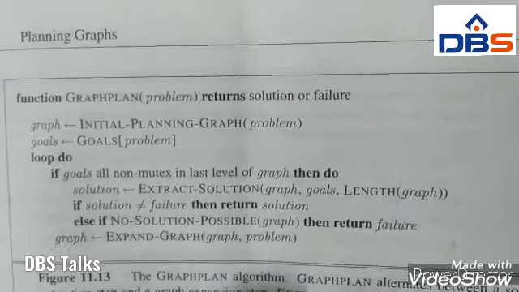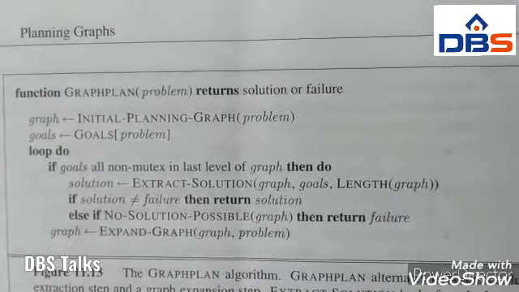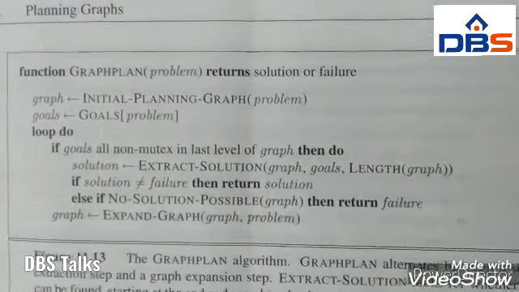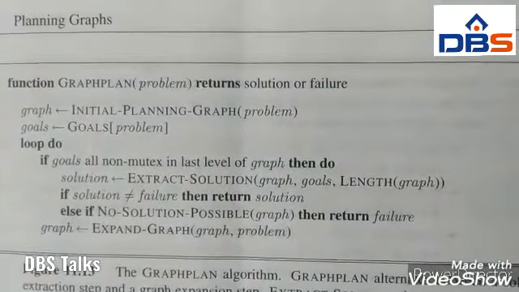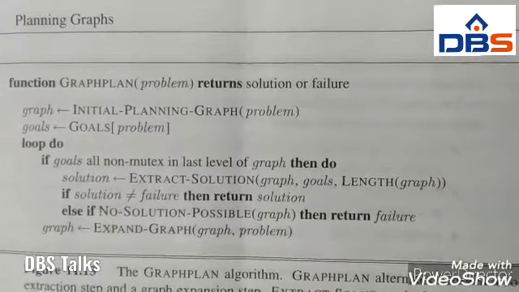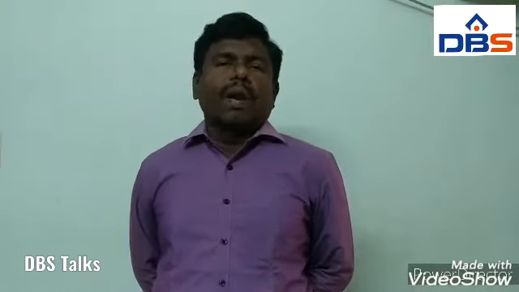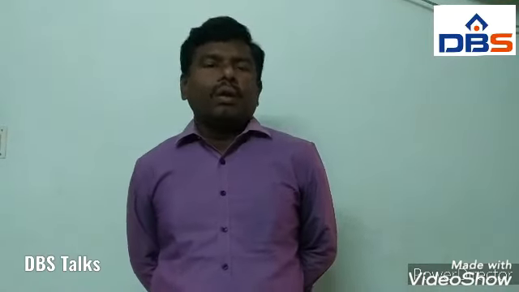Especially the GraphPlan algorithm is used to find accurate solutions for planning problems, and it is especially used for hard planning problems also. Now coming to the last topic in planning: planning and acting in the real world.